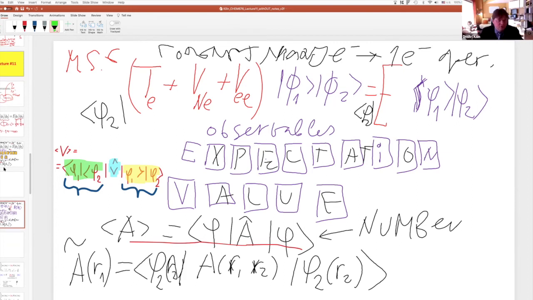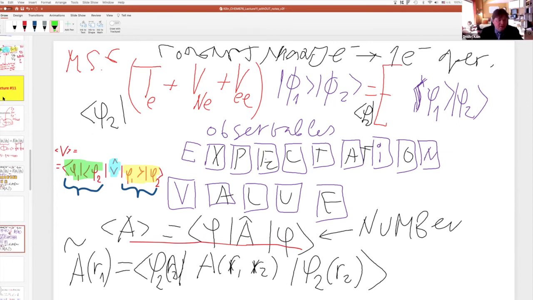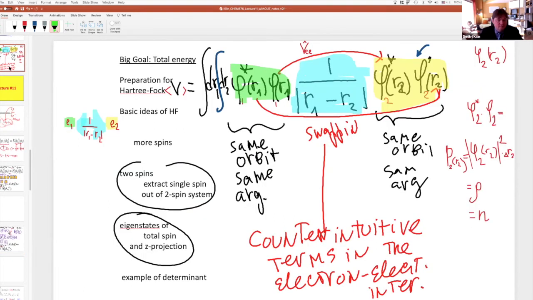I'm going to jump a few slides back, so it is here. This equation has this yellow electron number 2 and green electron number 1 and Coulomb interaction in the middle.